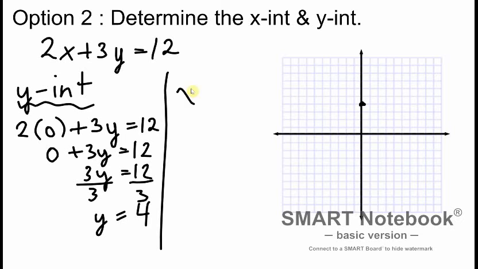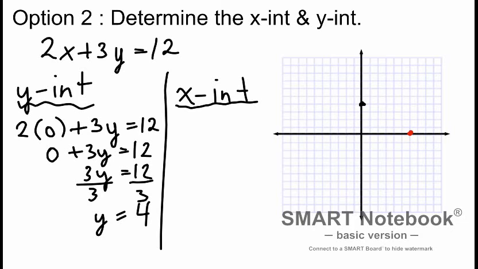The only other thing I have to do now is determine the x-intercept. Well, when we think about the x-intercept, and I get it, we're less familiar with x-intercept. But the x-intercept is a dot somewhere along this axis for the line. And if I place just a couple of dots here, let me place a dot right here. Maybe the x-intercept is right here.